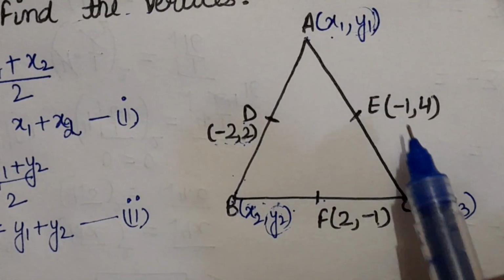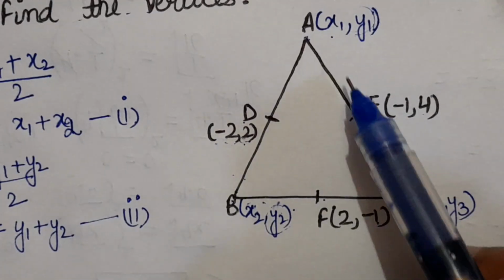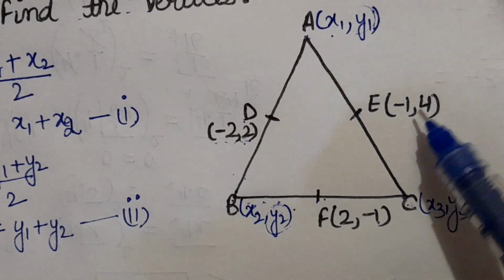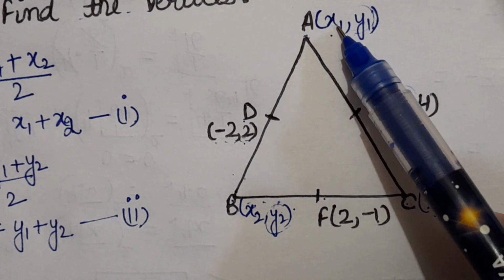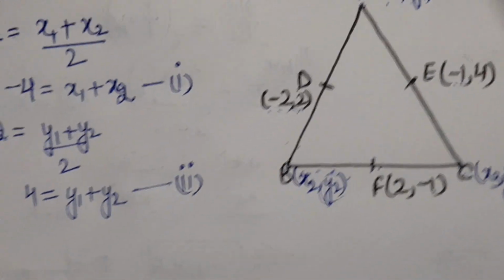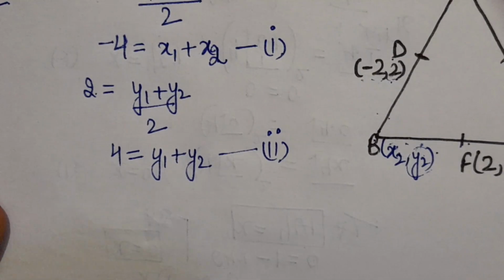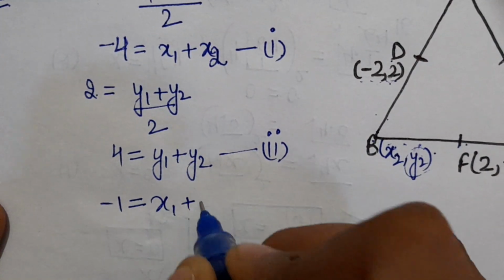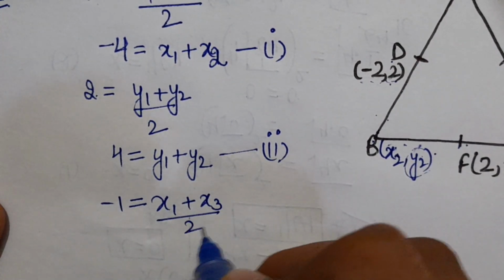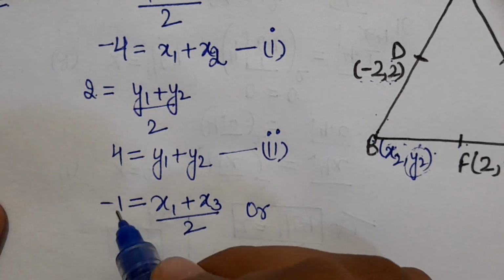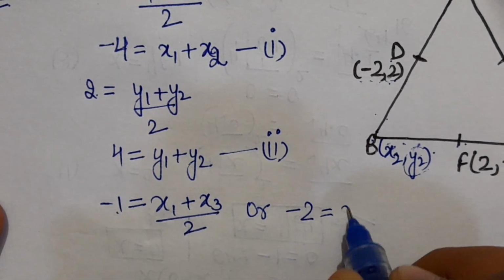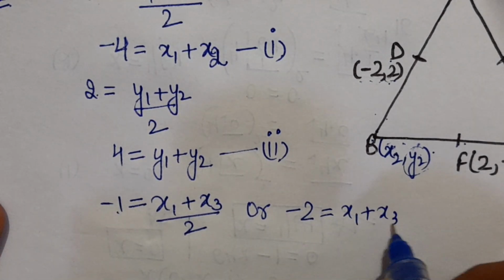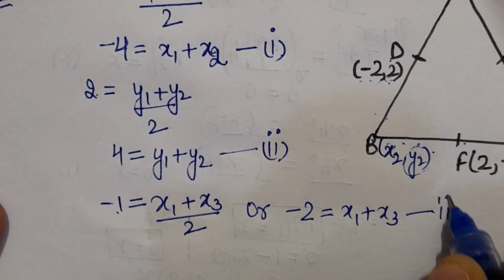Again, (-1, 4) is the midpoint of A and C. So -1 equals (x1 plus x3) by 2, or -2 equals x1 plus x3. This is equation number 3.